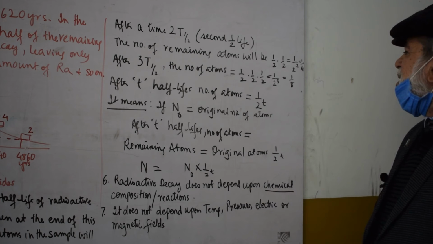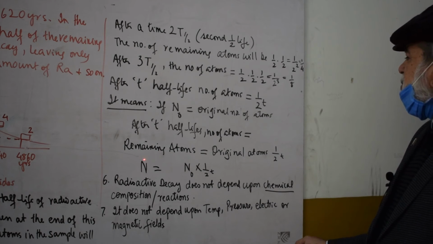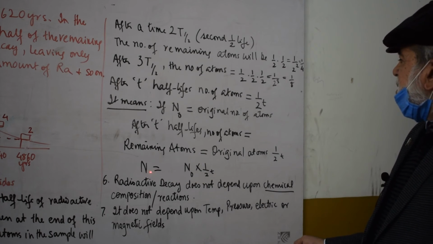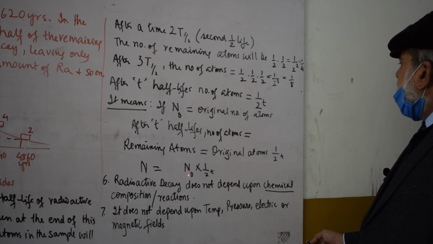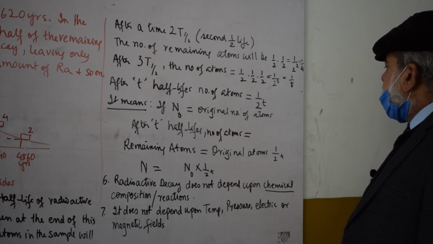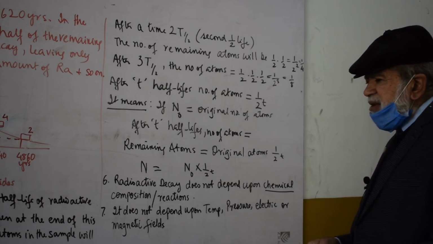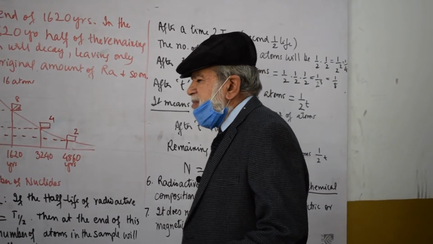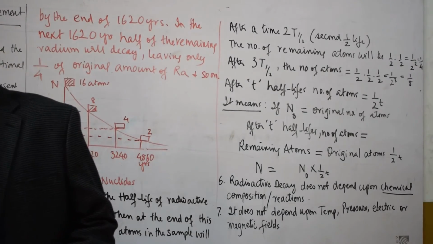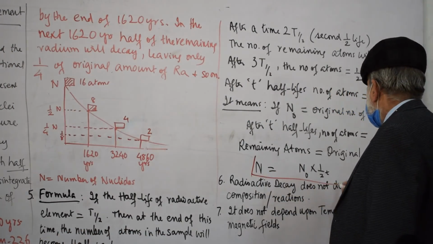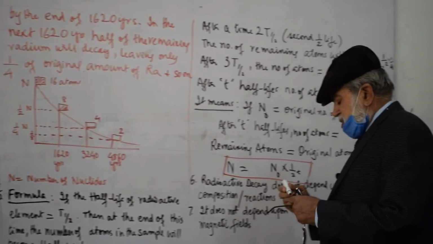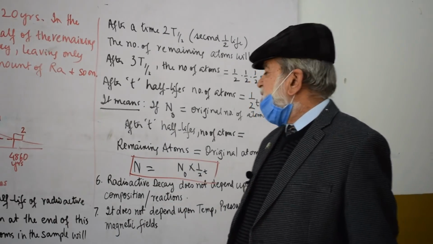So the formula used for this is N equals N naught, the original number of atoms, multiplied by 1/2 to the power t. This is a very important relation that you must remember, the formula used for finding the half-life of a certain element.